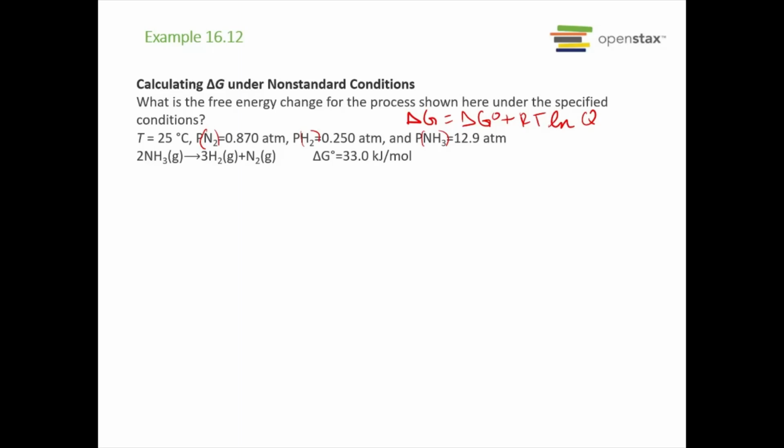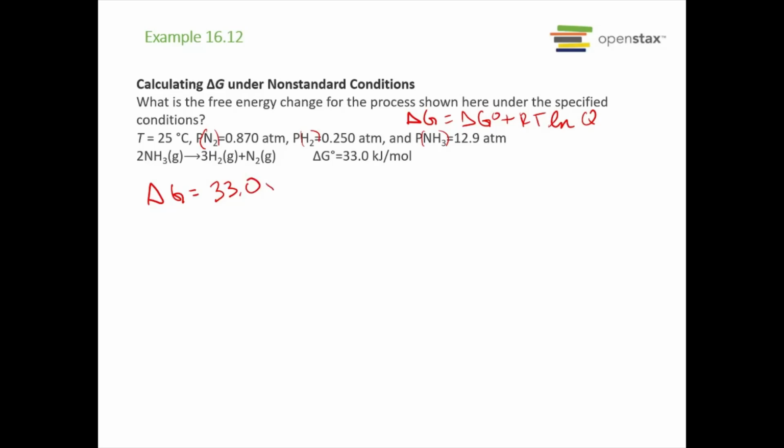And so we can go ahead and look up delta G standard for this reaction. The back of the book and the appendix tells us that delta G standard is equal to 33.0 kilojoules per mole.